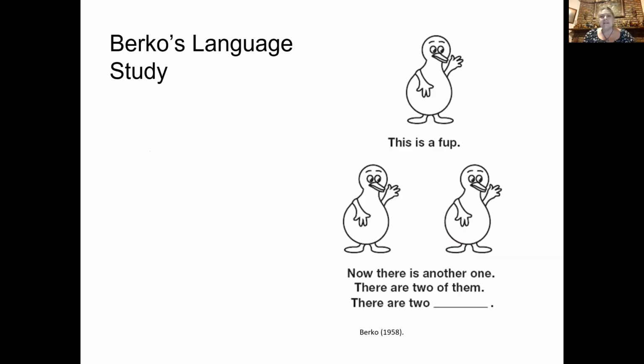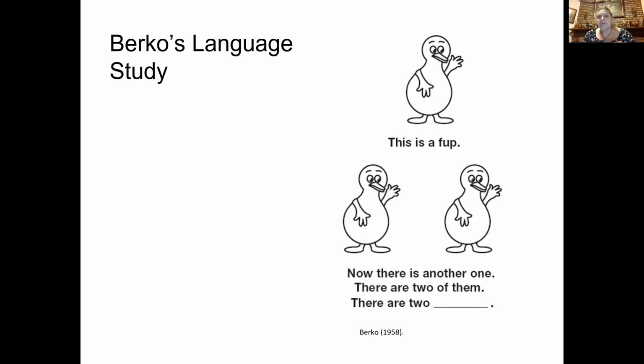An example of this is demonstrated in a study by Berko, 1958, and there are some other studies that have followed up on this as well. They would use an illustration like this, and they would say to the child, "This is a fup. Now there is another one. There are 2 blank." And then they'd ask the child to answer that question.